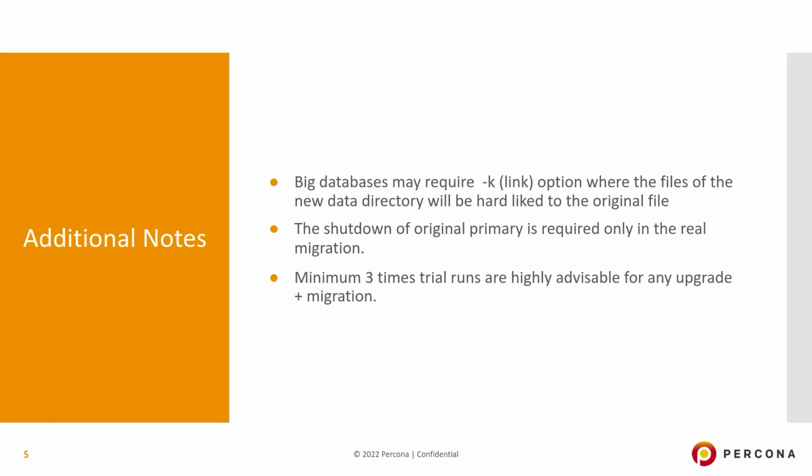So at least a minimum of 3 trial runs are required, because this is something which I learned empirically. With every trial run there will be a good amount of learning about that specific environment. Even though we are comfortable with all the tools which we use, still there will be something special about the environment. So additional trial runs of migrations without actually affecting the primary are important.